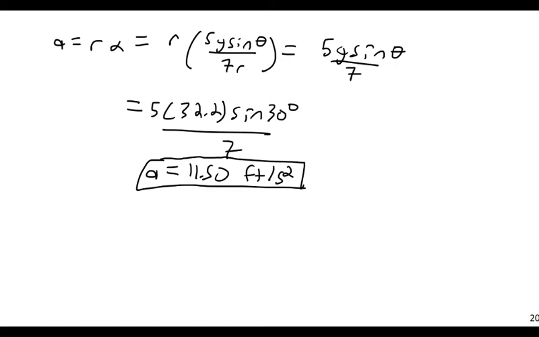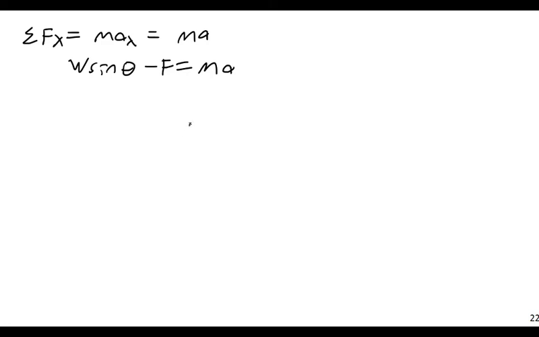Okay, and I'm going to do that by doing a balance of forces in the x direction. So the summation of forces in the x direction is going to be equal to m a_x, which is just equal in this case to ma. And the summation of forces in the x direction will be W sine theta minus the frictional force F equals ma.